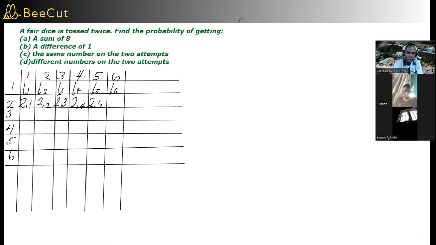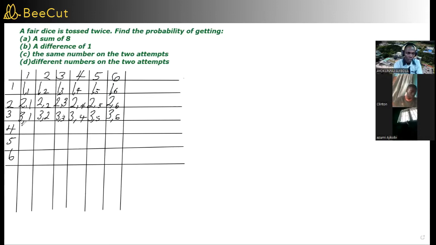That 5 is too big. So 2, 5 and this 1, 6. Then it's also possible we have 3, 1, 3, 2, 3, 3, 3, 4, 3, 5, and 3, 6.